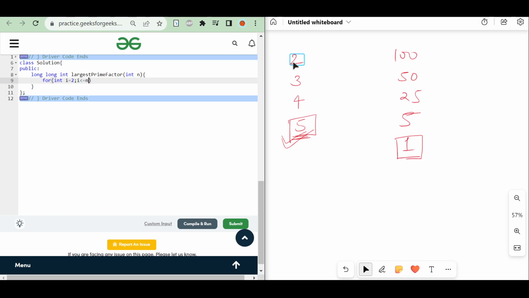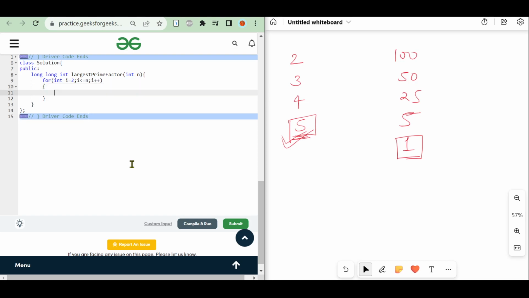In case n is a prime number, it will not get divisible by any other number, it will get divisible only by itself. Here I will increase my i, and here I will check if n is divisible by i.